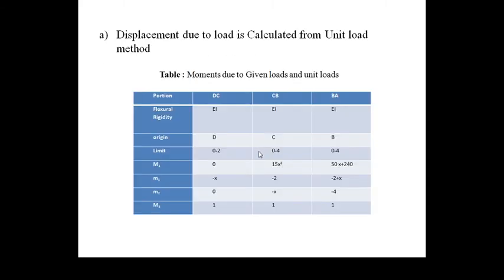You see this table, we can choose M into M1, M into M2, this one into this one. We are getting that value. Then similarly delta 2L is equal to minus 6400 by EI we are getting.